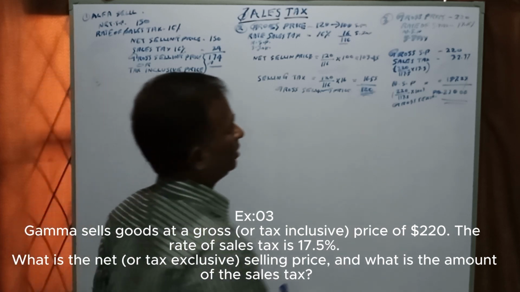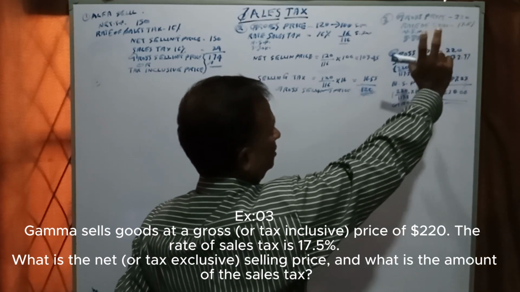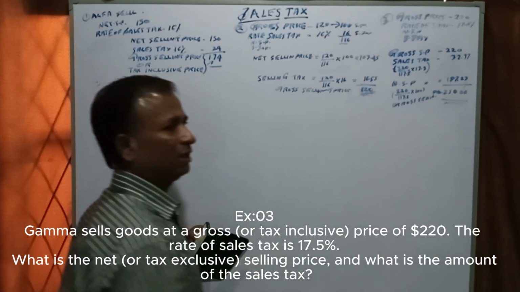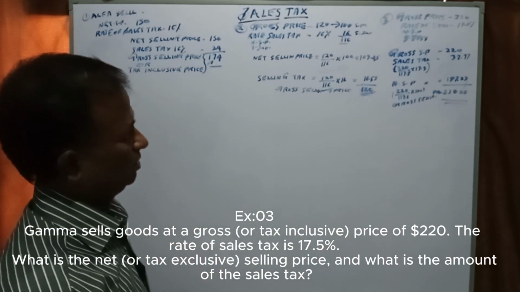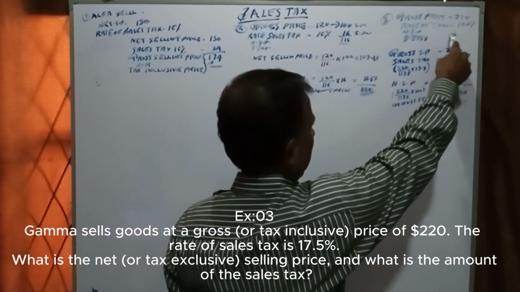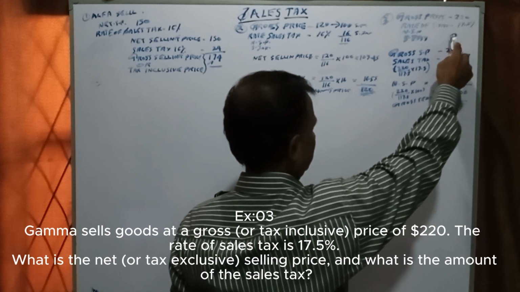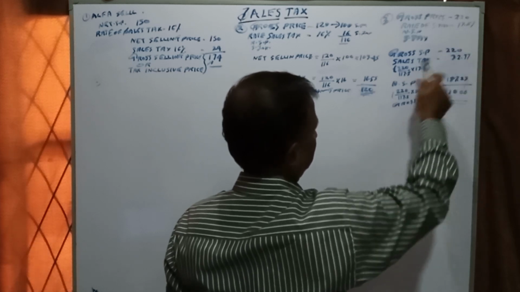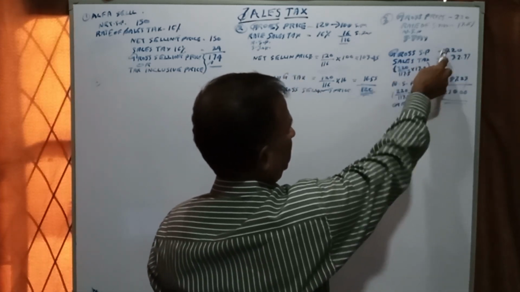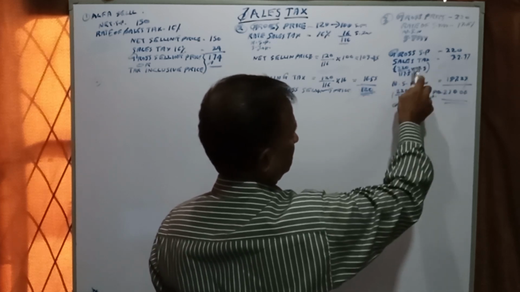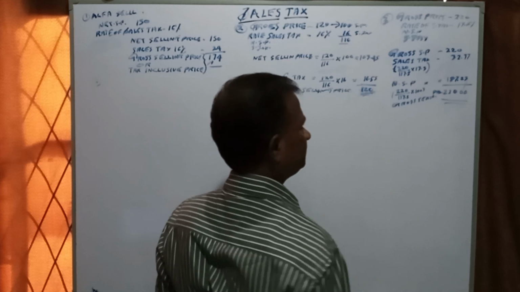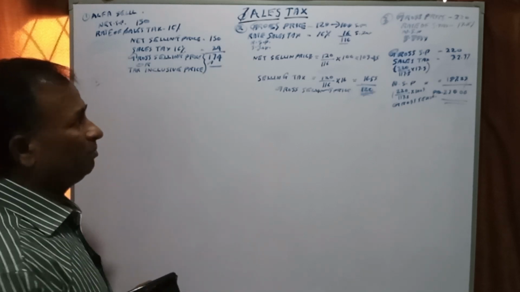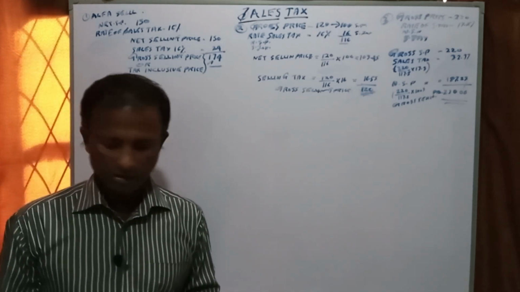Have you understood how to calculate it? Gross selling price contains the sales tax; net selling price does not. Gross price in the sense 100 plus the sales tax percentage, that is 117.5. So 220 divided by 117.5 into 100. Simple mathematical calculation. Question number 3 also we have completed.